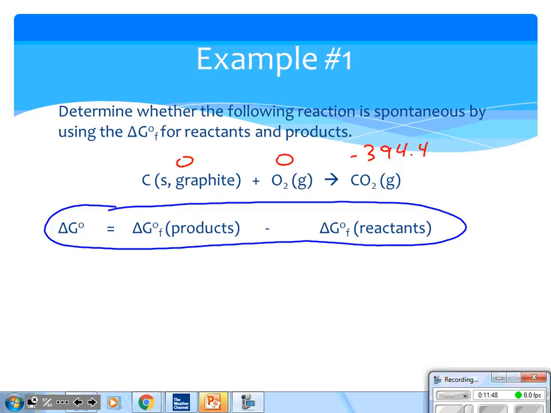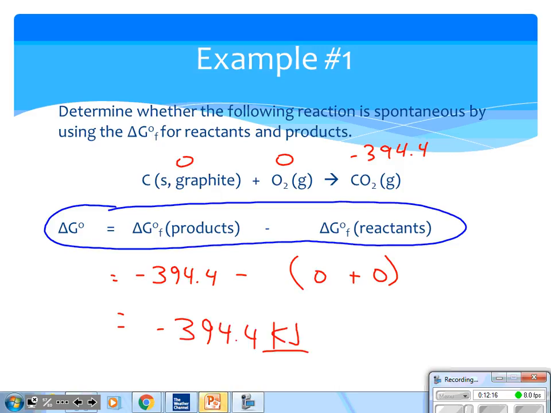So when I take my products, I'm going to get this equal to negative 394.4 minus 0 plus 0. So using this particular equation, I'm going to have a value of negative 394.4, my label, kilojoule per mole.